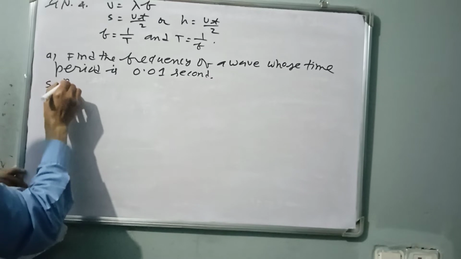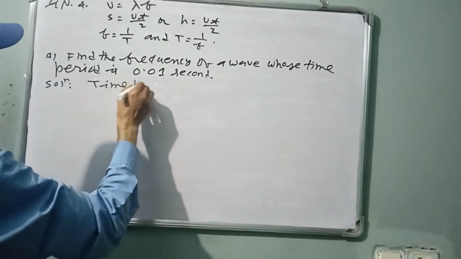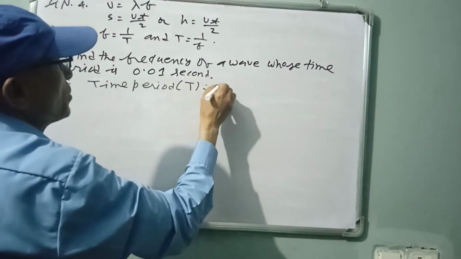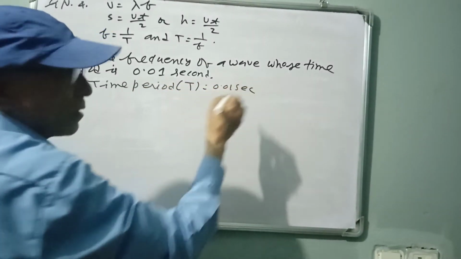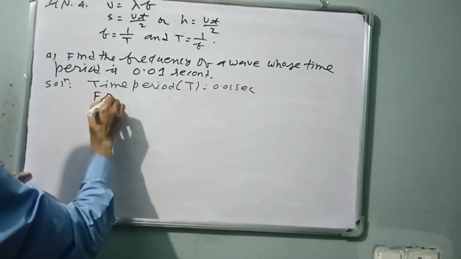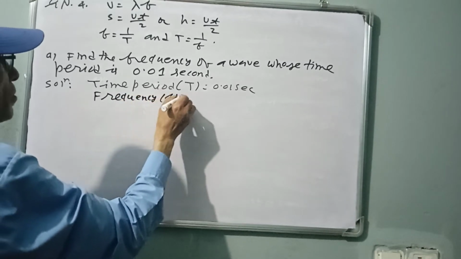Solution. This is time period. Time period capital T equals 0.01 second, the time to make one complete vibration. What is frequency? F equals what?